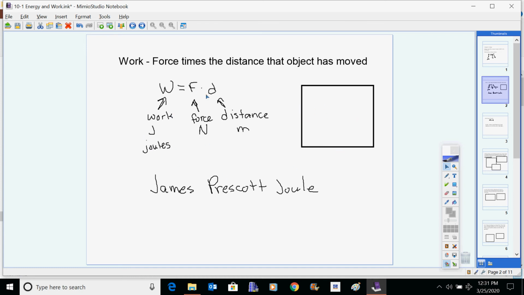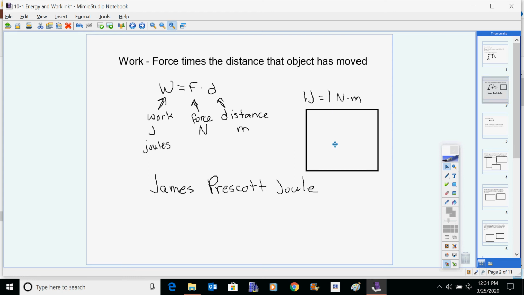So work and energy are so closely related, because what can happen is that a thing with kinetic energy can do work or cause something to move. So as they're related, what we can think about is that 1 joule of energy can do 1 joule of work. So they're the same thing.